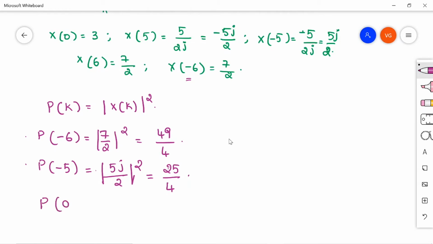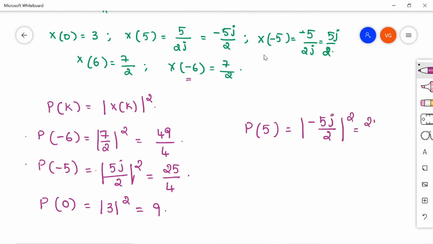Similarly, power contained in X of 0, P of 0, is nothing but magnitude of 3 square, that is 9. And also we have P of 5. The coefficient is minus 5j by 2, so you write minus 5j by 2 whole square, that is nothing but 25 by 4 here.